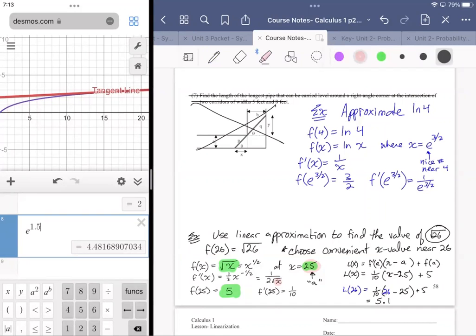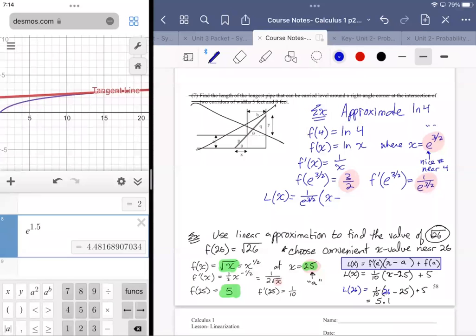So I have my three ingredients. I have my x, the corresponding value of y, and the slope. So my linearization model, L of x, following this form, would be the slope, 1 over e to the 3/2, times x minus the a value.